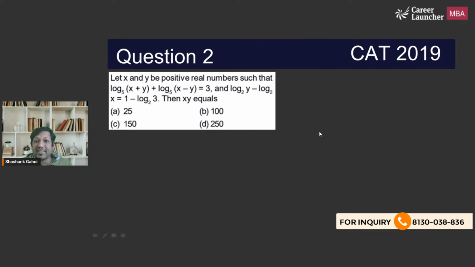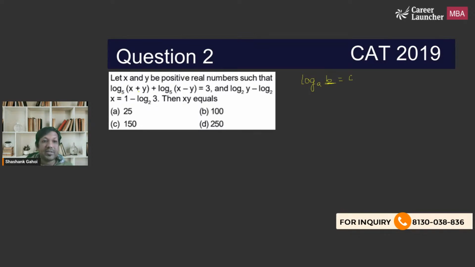This is a question of CAT 2019. It says that x and y are positive real numbers such that log base 5 of (x plus y) plus log base 5 of (x minus y) is equal to 3. So what is the first thing I am going to think of? The first condition in logs says that in log base a of b equal to c, b can never be negative.